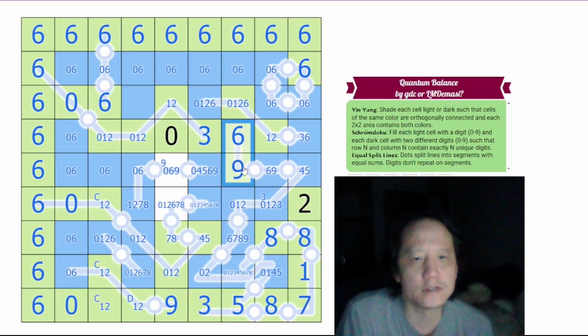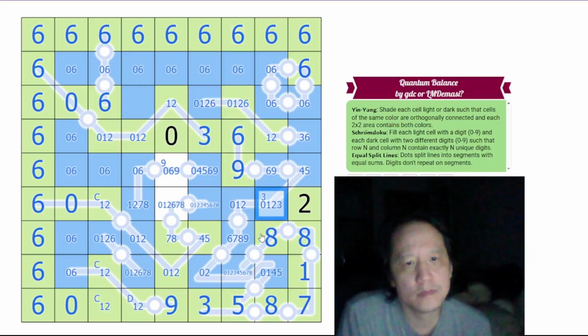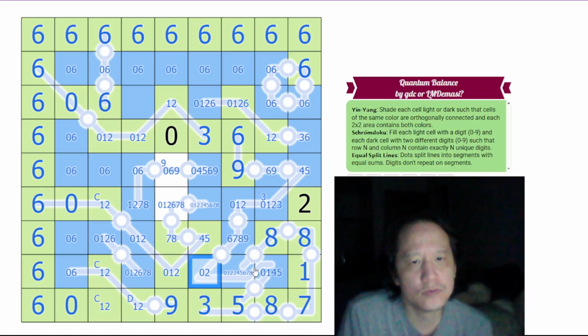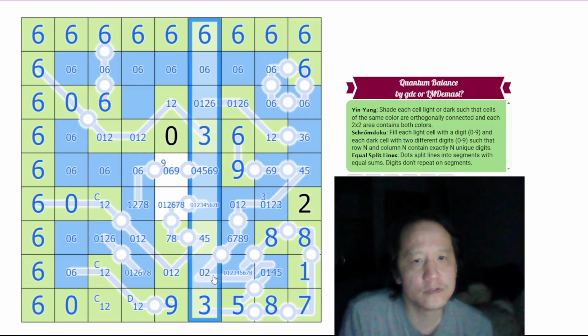This is 6 and 9. That's fine. This is 0 and 2. How many digits do we have in column 6?